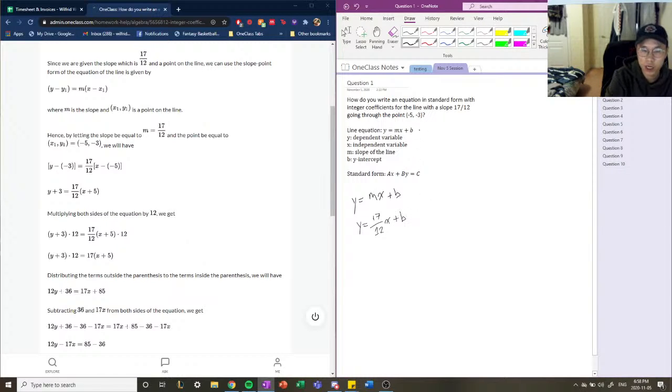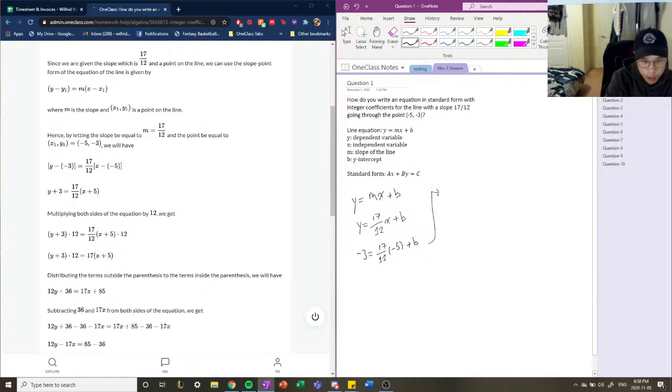Well, we're given a point that the line goes through. So we can substitute x equals -5 and y equals -3 into our line equation, and isolate for b, our y-intercept. So -3 equals 17 over 12 times -5, plus b.